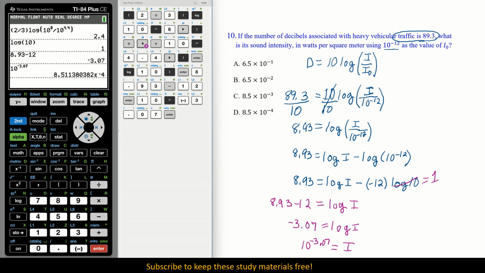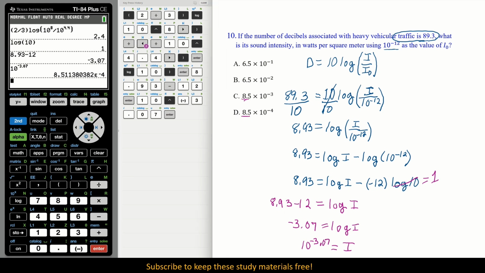Now, how do you read the calculator? All of this, you have 8.5. We can use this 8.5 to put this into scientific notation. So you take out those first few numbers, and that would be the 8.5 right there.